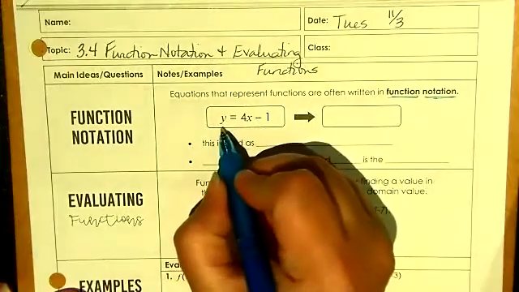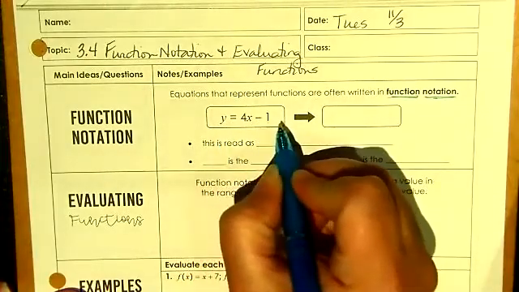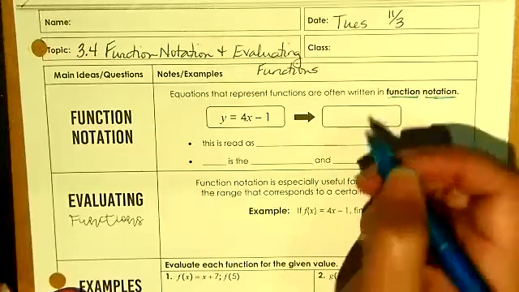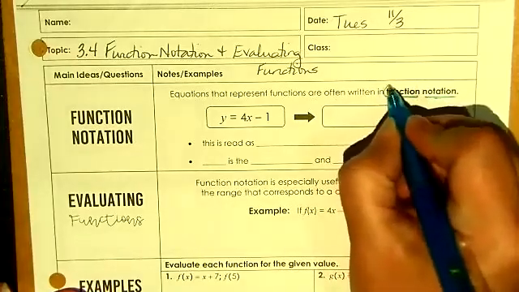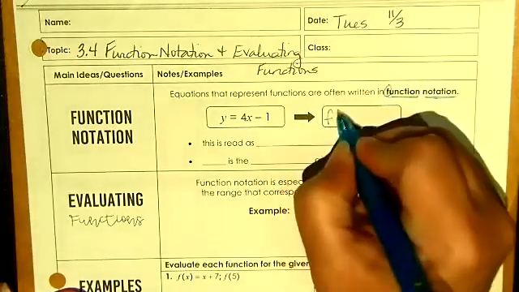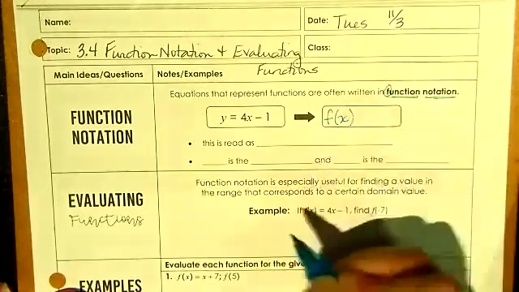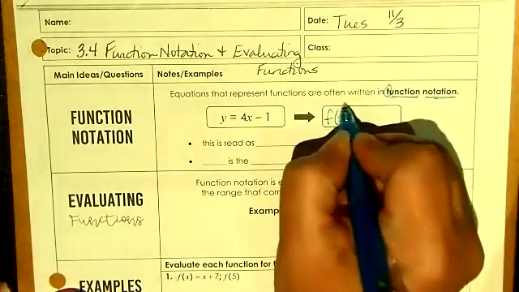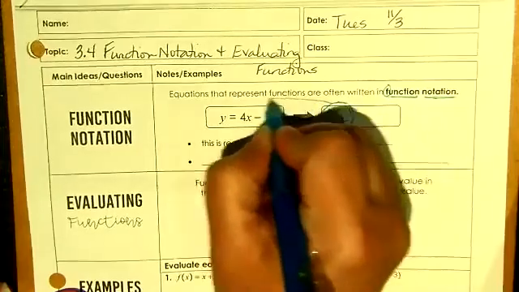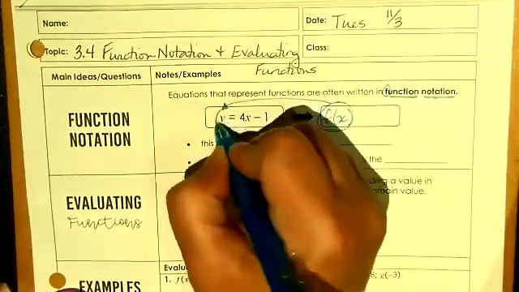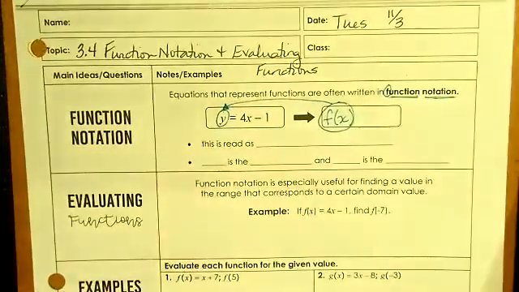Because when we have the equation y equals 4x minus 1, when you write it in function notation, you're going to put an f, parentheses, x, close parentheses, and this is the exact same as the y. It's just called function notation.